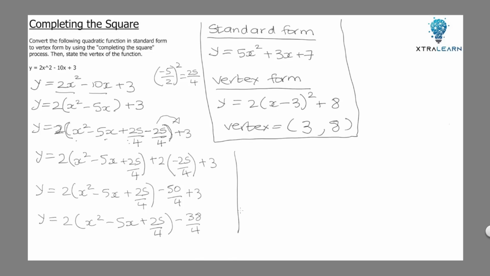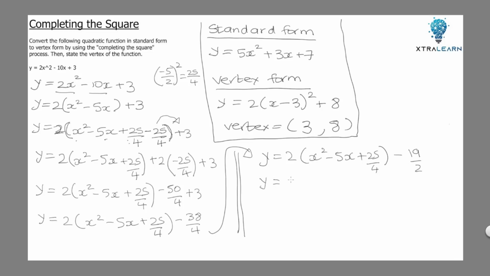And I'll just continue over here. And minus 38 over 4 actually reduces down to minus 19 over 2.